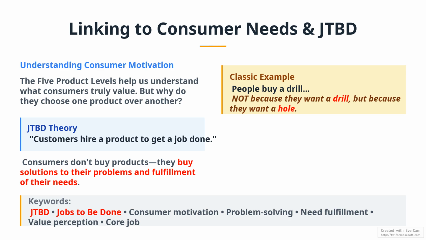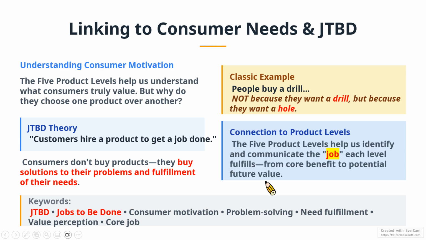So they buy a drill, right? And then we will connect to product labels. The 5 product labels help us identify and communicate the job each label fulfills, from core benefit to potential future value.